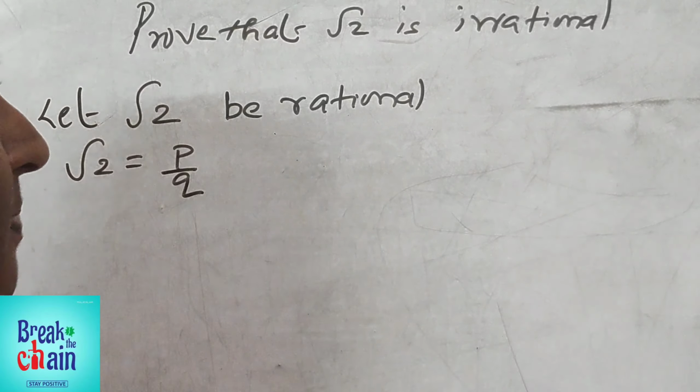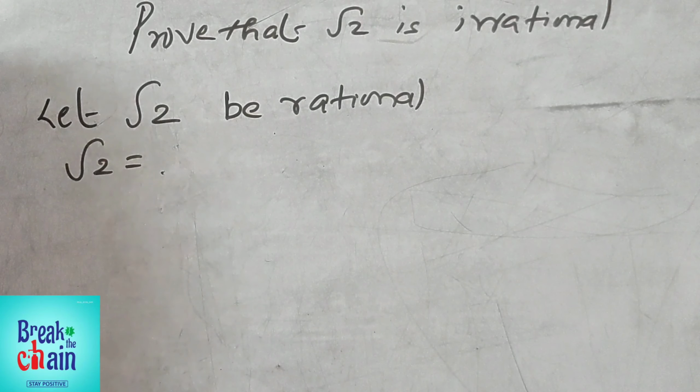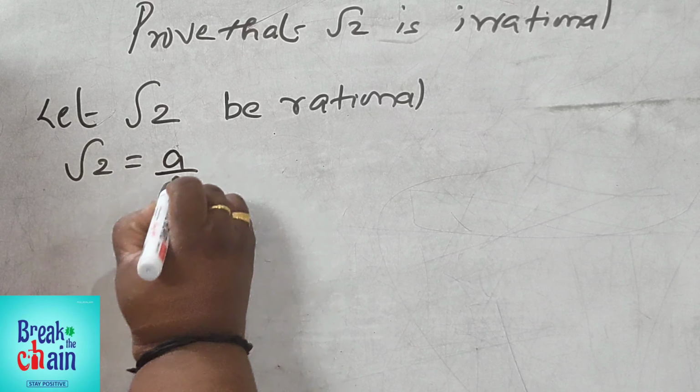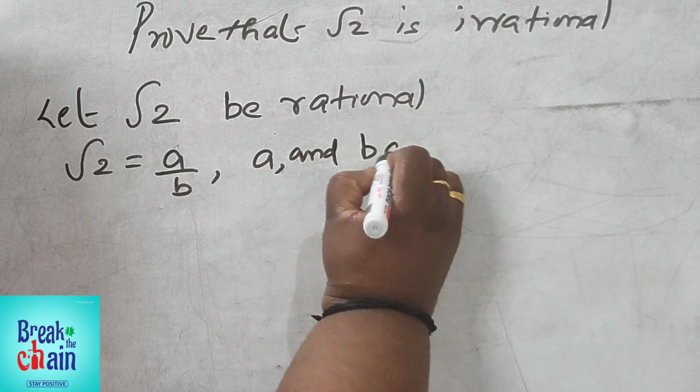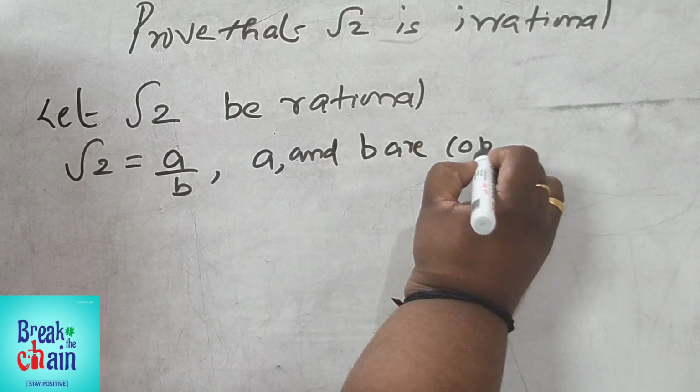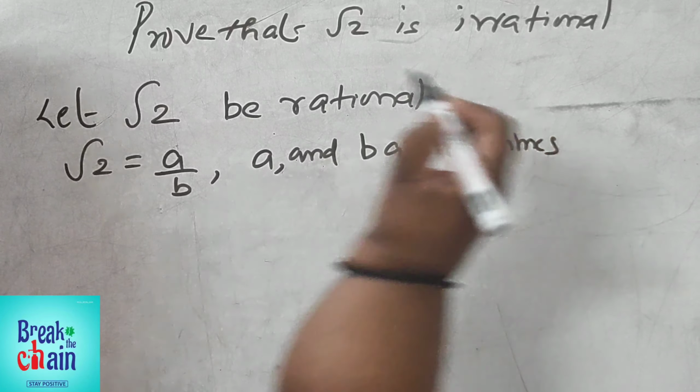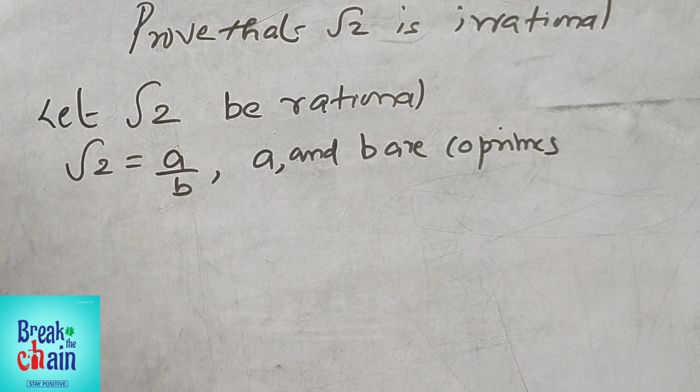Here, instead of p by q, we can write it as a by b, where a and b are co-primes. What are co-primes? Co-primes are those numbers which have 1 as their common factor. That means co-primes will not have any other number as their common factor. Only 1 will be their common factor.